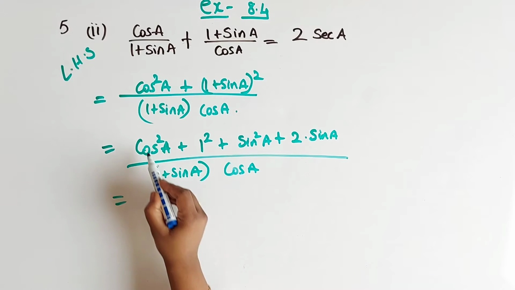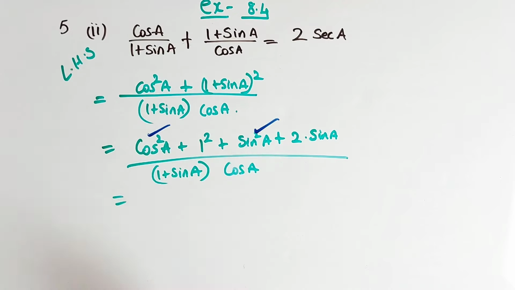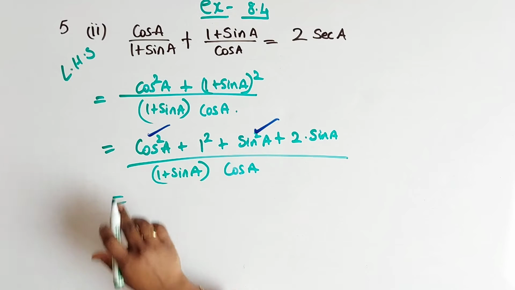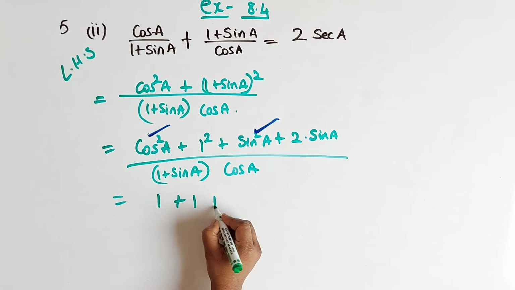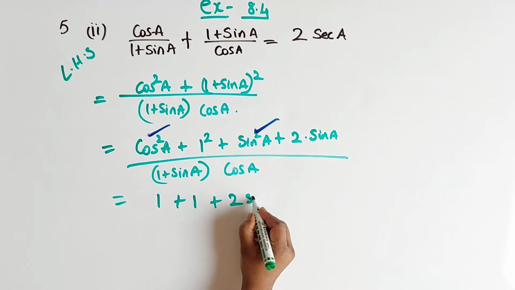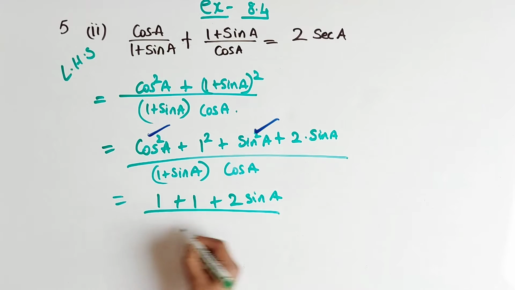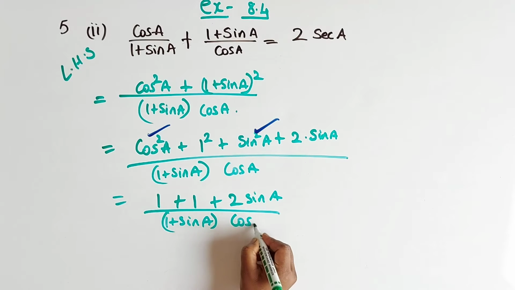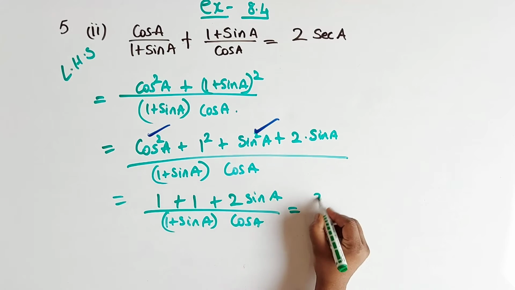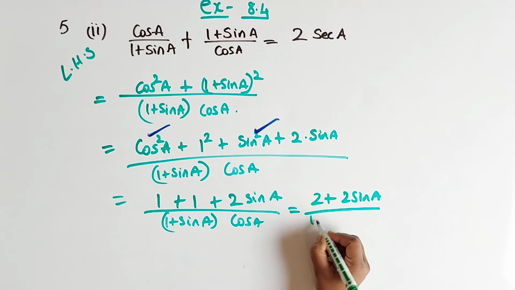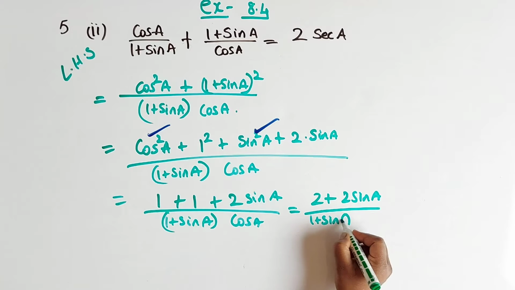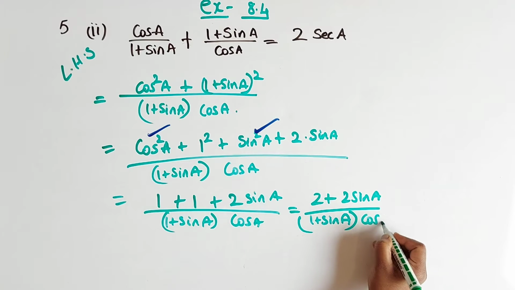Now see in numerator cos square A, sin square A here. What is sin square A plus cos square A? 1. Plus 1 square is 1 here plus 2 sin A is here, divided by (1 plus sin A) into cos A. This equals 1 plus 1 is 2 plus 2 sin A, divided by (1 plus sin A) into cos A, children.